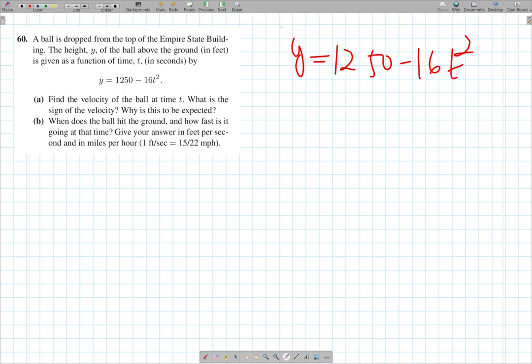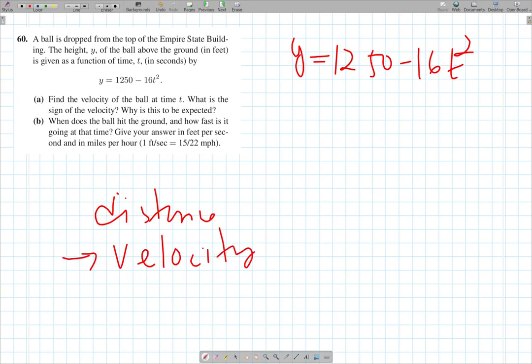So ano ba, class, ang y? That is the height or the distance, no? If you derive the height, distance or height, the outcome is velocity. Right? If you derive velocity, the outcome is acceleration.